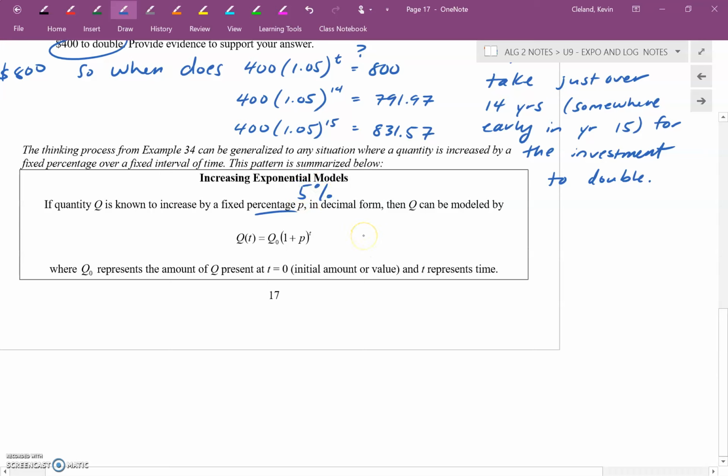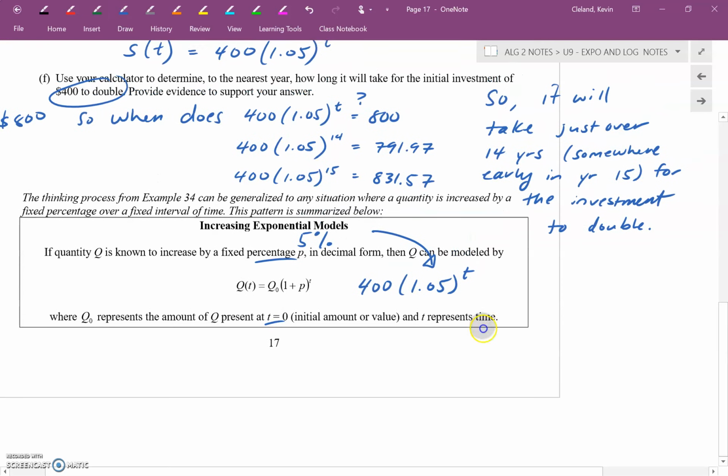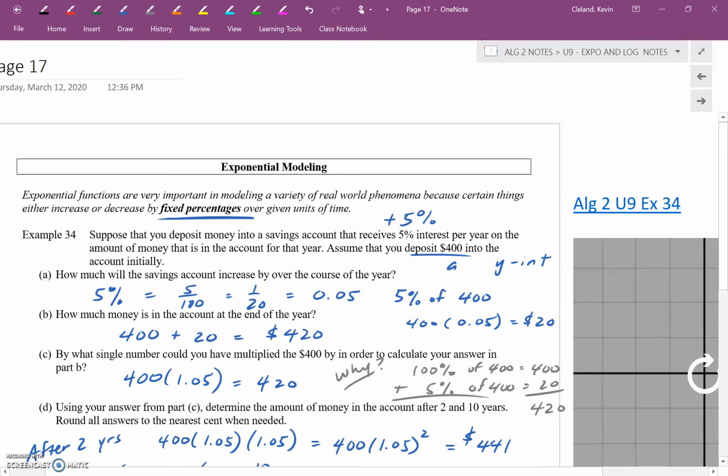And Q0, that's just the quantity, the amount at time 0. So that was 400. When you add 1 and 5% in decimal form, which is 0.05, you get 1.05. So anything that's increasing by a percentage, convert it to decimal form, add 1 to it, and you've got your base rate. Okay, moving on.